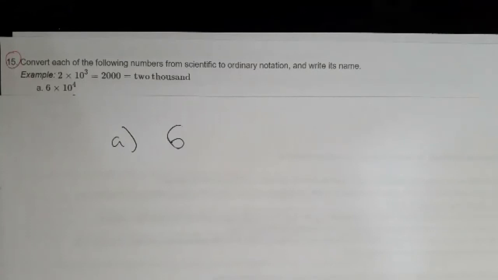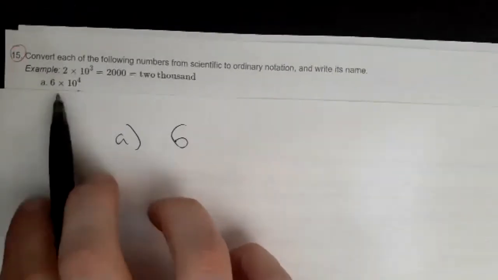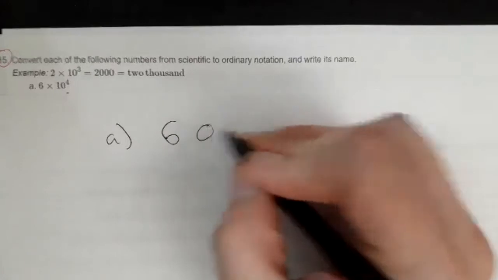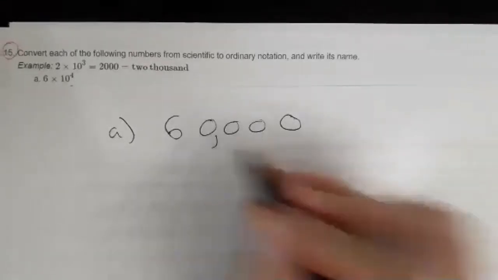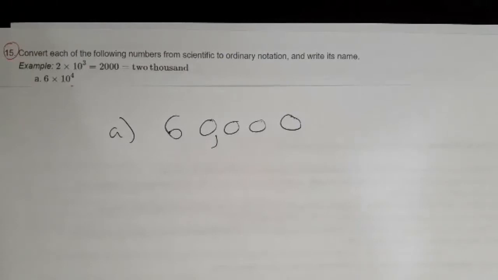Like 6 times 10 to the positive 4, is that getting larger or smaller? Larger. This is positive. It should get larger by 1, 2, 3, 4 zeros. Should be moving that thing 4 places to the right.